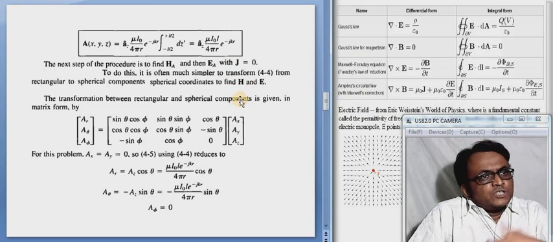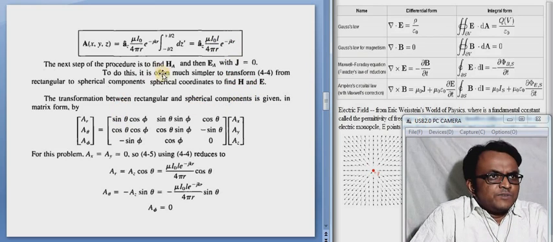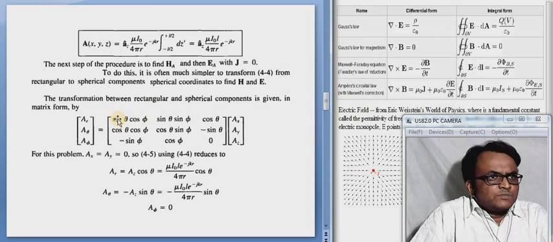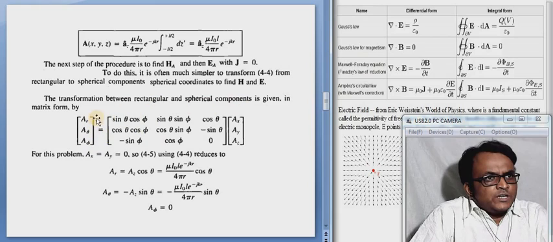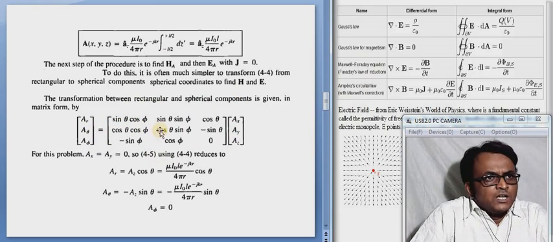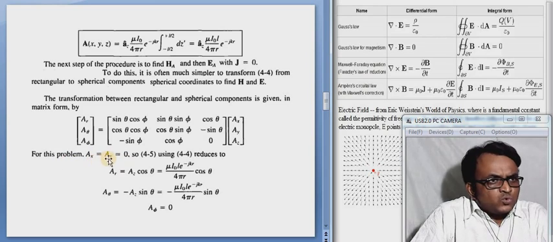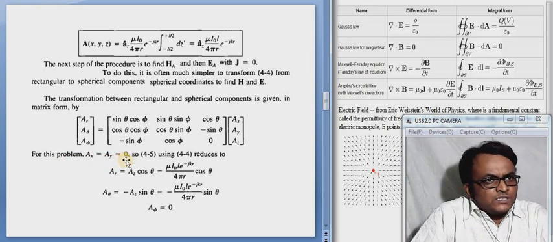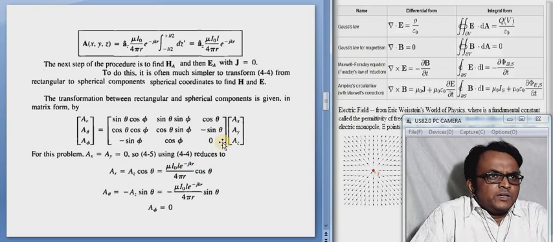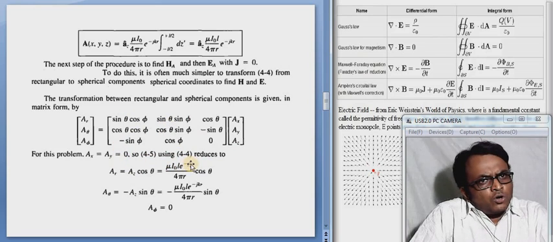Now we are converting this vector potential into the spherical coordinate system, that is A r, A theta and A phi will be transformed to the spherical coordinate system. Therefore we can find the vector potential in the form of x and y terms, where x and y become 0, and so those terms also become 0.